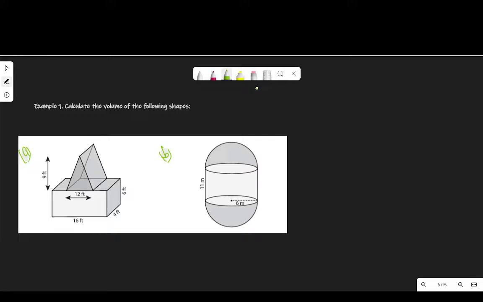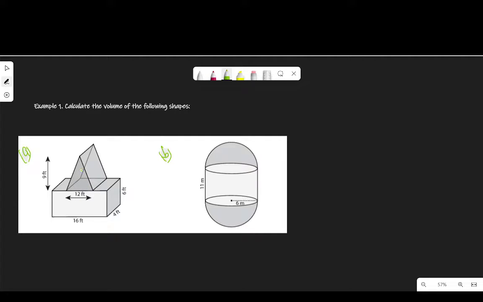So to calculate the volume of a shape like this, starting with A, we need to deconstruct the shape, split it up into the two shapes that make up this compound shape. Right on the top here, we have a rectangular based prism, and then on the bottom is a cuboid, which is also known as a rectangular prism.